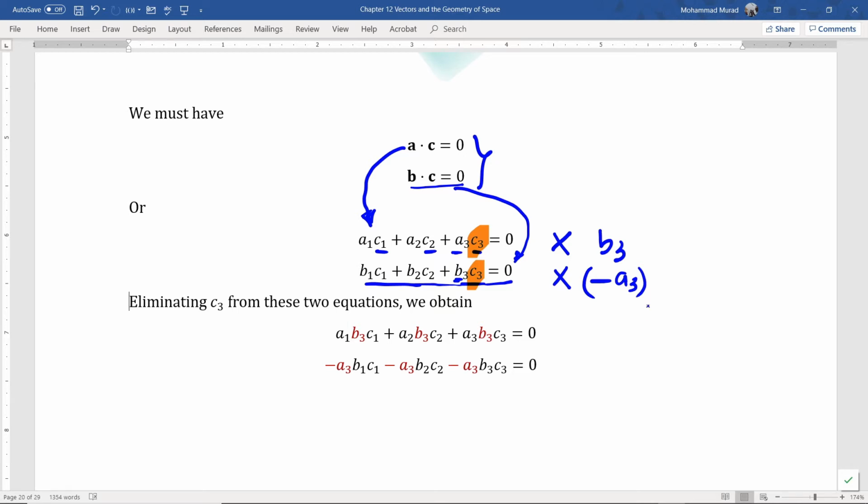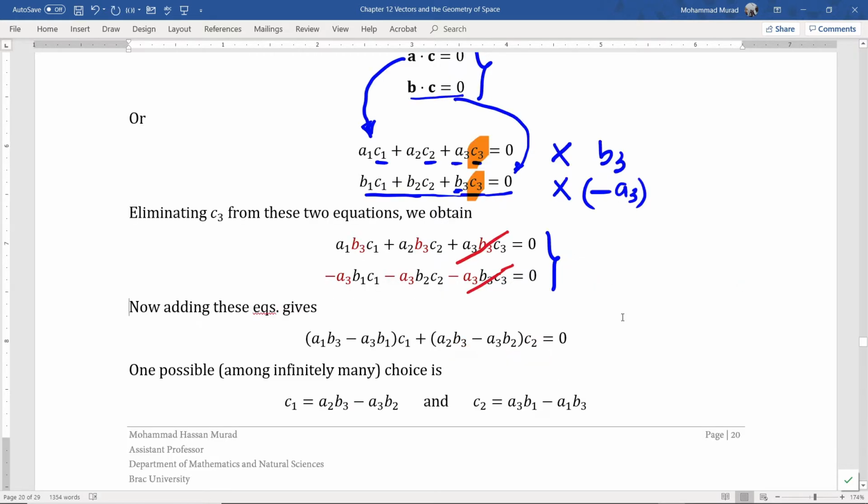So we get these two equations. Observe that if we add these two equations, we can eliminate C3. So now adding these two equations, we have this equation.